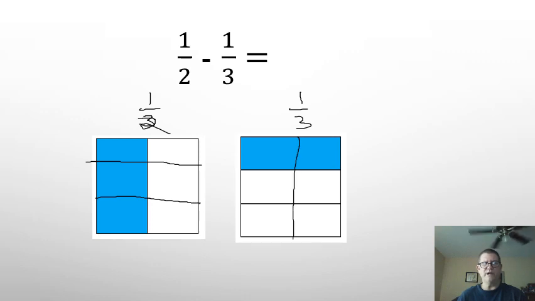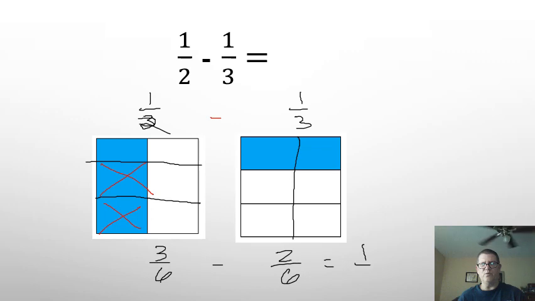What that did is it created an equivalent fraction because now we know 1/2 is also equal to 3/6. And over here, our 1/3 is also equal to 2/6 because it's 2 shaded out of a total of 6. Now, this is where the difference is going to come in. We created these in order to subtract them. We're taking 1/3 from 1/2. So we can see 1/3 was actually 2/6. So we're going to subtract 2/6 from the 3/6. And we end up with 1/6. So we know 1/2 minus 1/3 equals 1/6.